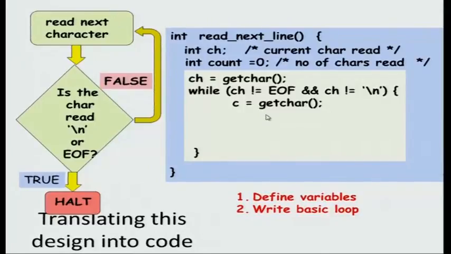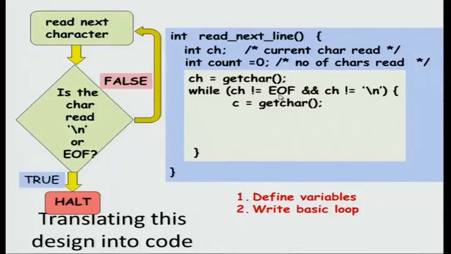A small point here is that getchar returns an integer. This is a technicality because end of file is -1. ASCII characters, if you remember, go from 0 until 127 or something like that, whereas end of file is defined to be -1.